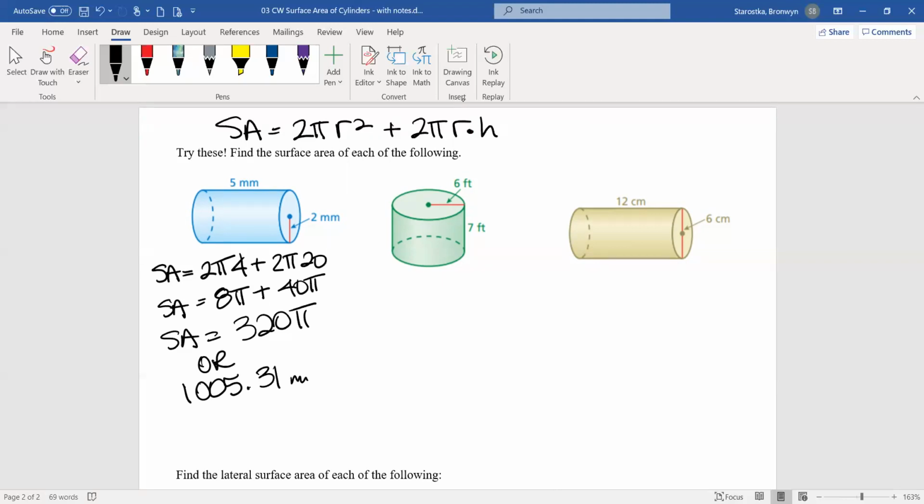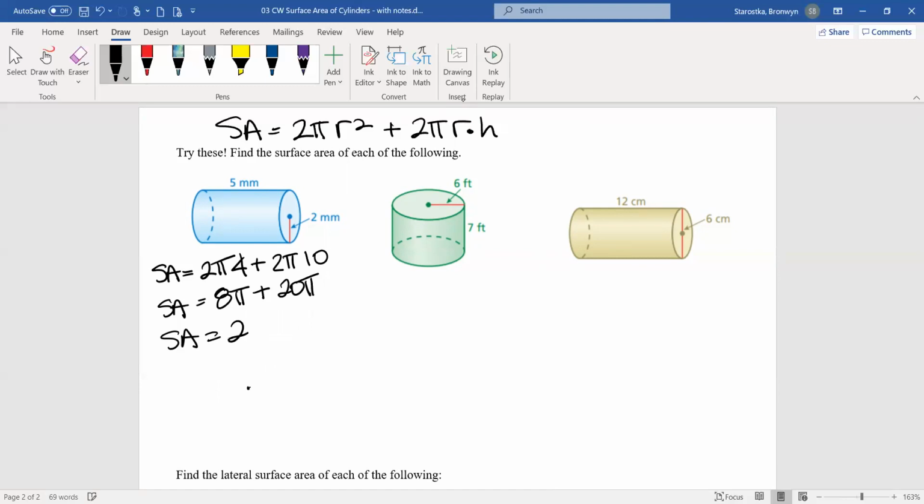Hold on, that doesn't seem right. Oh, 2 times 5. I know what I did. Look, I made a mistake. Here we go. I found my mistake. I'll show you my mistake right in front of you. 2 times 5 is 10. So here, 20 pi.